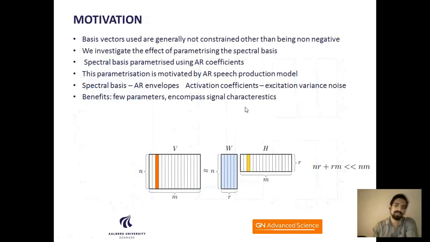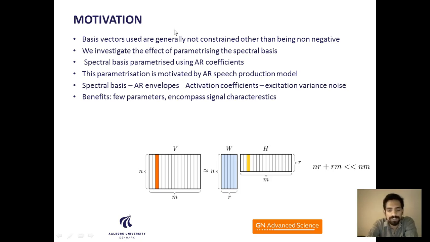Traditionally, the basis vectors used for NMF based speech enhancement are not constrained by any parameters other than having to be non-negative. So in this work we investigate the effect of parametrizing these spectral bases using a physically meaningful model.